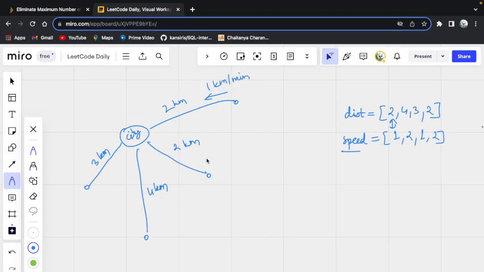With 4 distance the speed is 2, so this monster is traveling at 2 kilometers per minute. The monster with 3 kilometers distance is traveling at 1 kilometer per minute, and this monster with 2 kilometers distance is traveling at 2 kilometers per minute towards the city.